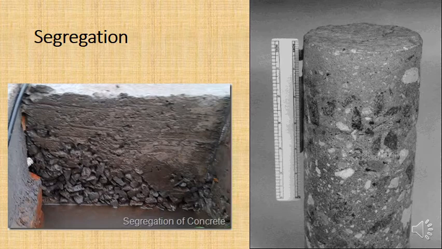And on the right you can see a core sample, and you can clearly see that it's not consistent. There are very large aggregate particles near the bottom, but right at the top you have very little in the way of aggregate particles. That is going to be a weak concrete.